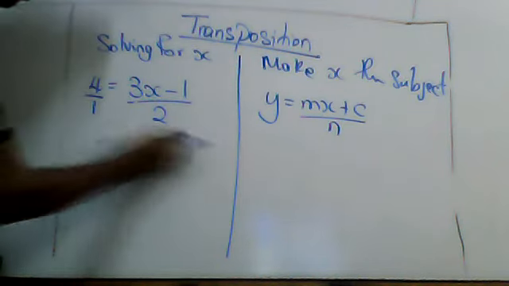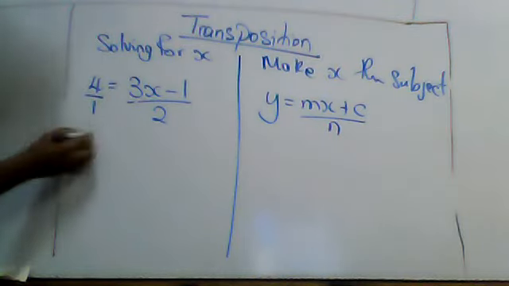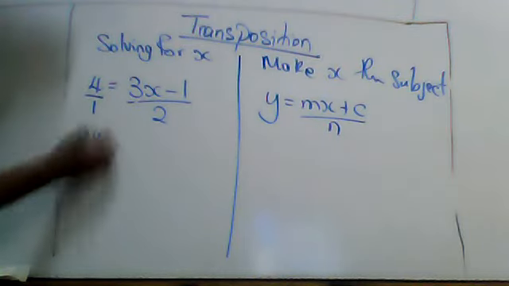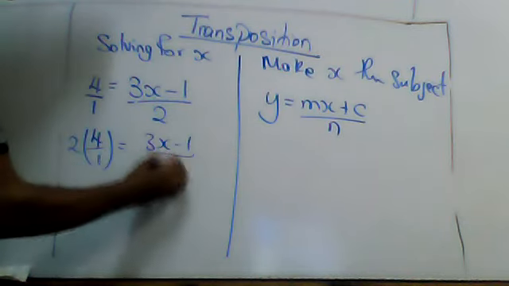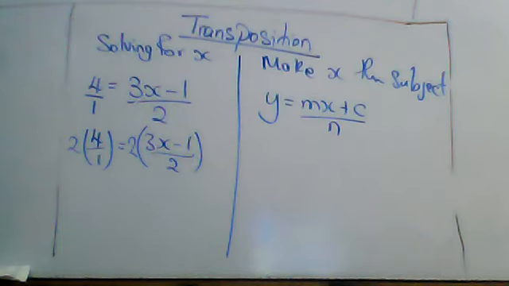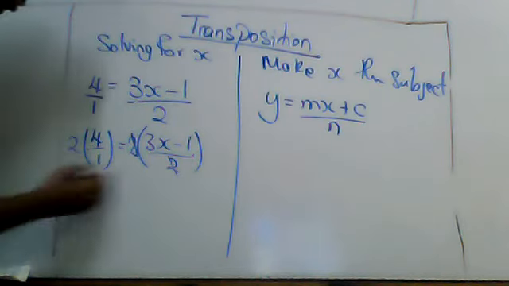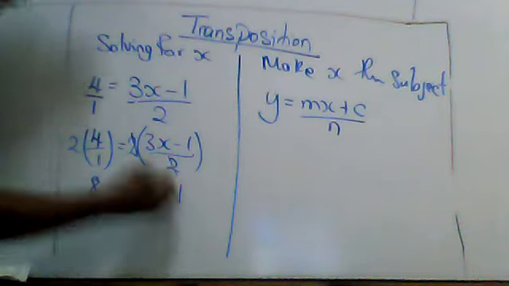Multiply by everything. So I'm going to multiply everything by the LCM. So I'm going to have 4 over 1 multiplied by 2 equals 3x minus 1 over 2 multiplied by 2. Remember, bracket means multiply. So this 2 is going to cancel this 2. So we're going to have 8 being equal to 3x minus 1.